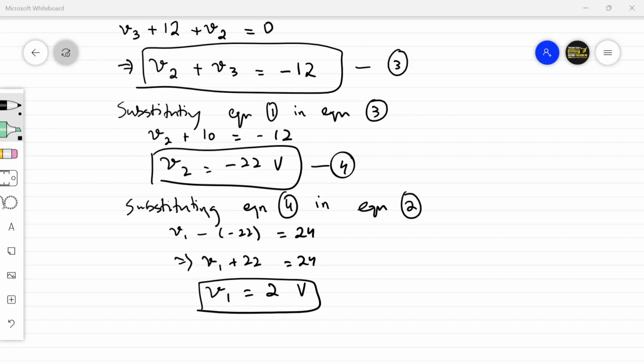So we have seen here how we can obtain the values of V1, V2 and V3 in this circuit by applying simple KVL equations.